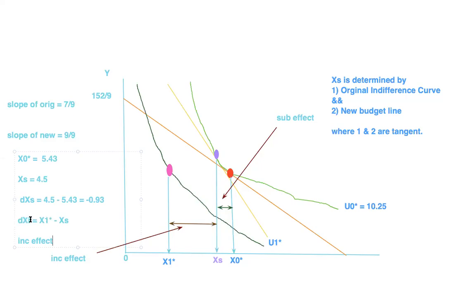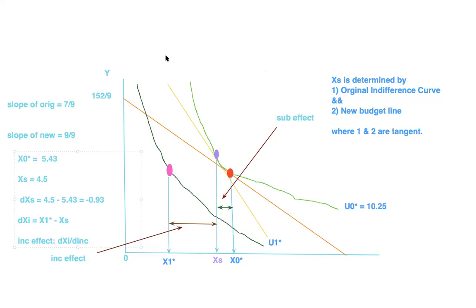This first one is the income effect on the purchases of tacos, right? But the income effect itself would be DXI divided by the change in income, right?